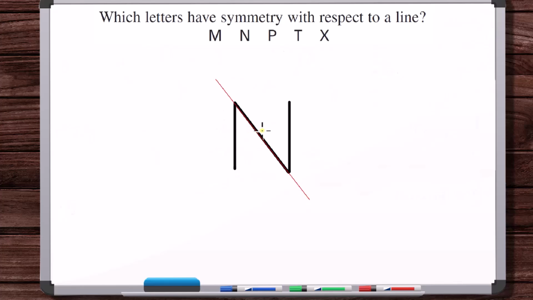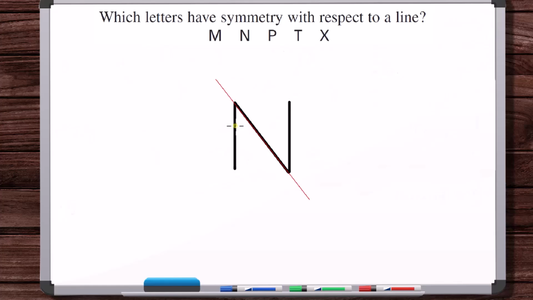So, it looks like it would work here, right at the ends. That's perpendicular, bisected, but this doesn't count, because it's not perpendicular to the line of symmetry. So it works there, and it works going across.